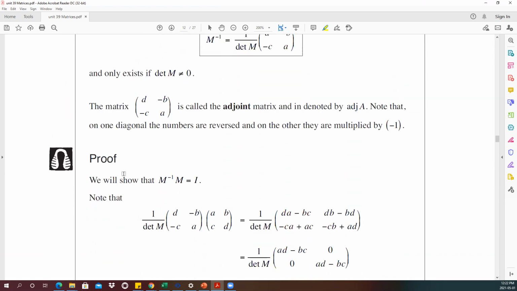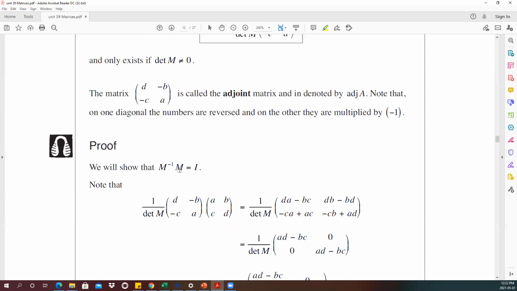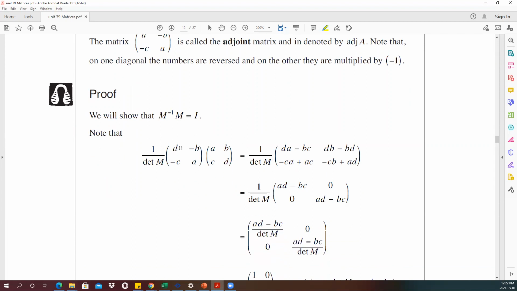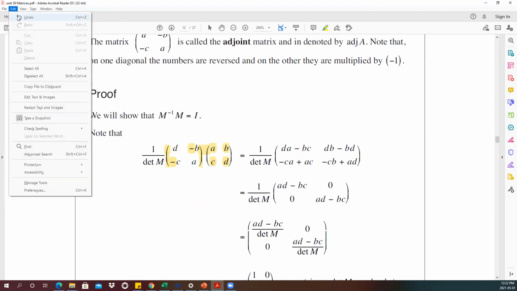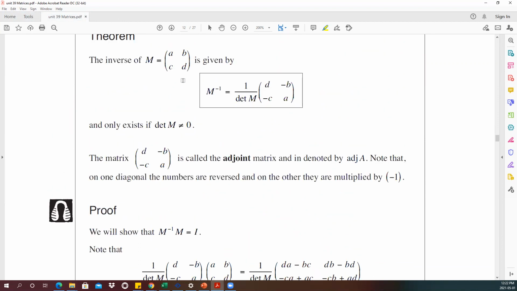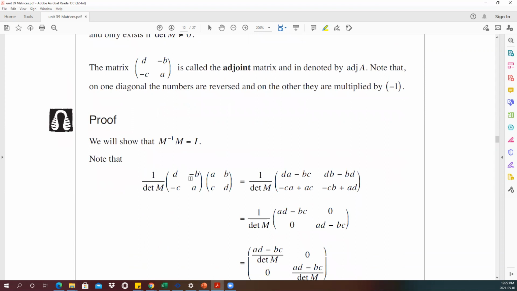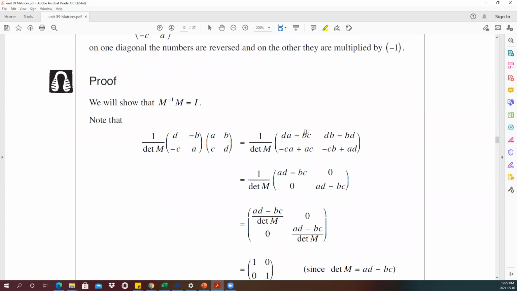Then they show the proof. We will show that the inverse of matrix M times M is equal to I. So M is A, B, C, D, and the inverse is 1 over the determinant of M, times the matrix where you swap A and D, putting D here and A here, and put a minus sign on B and on C. Put the inverse here, the original matrix here, and then do the matrix multiplication.